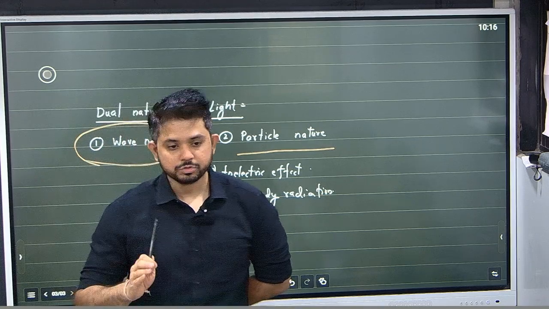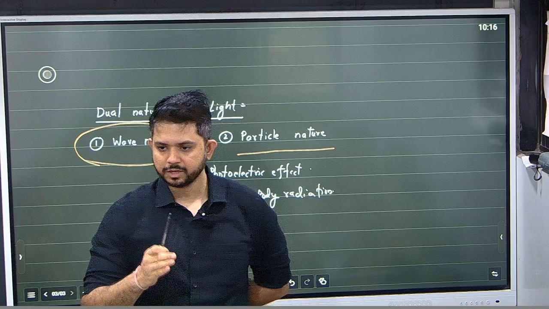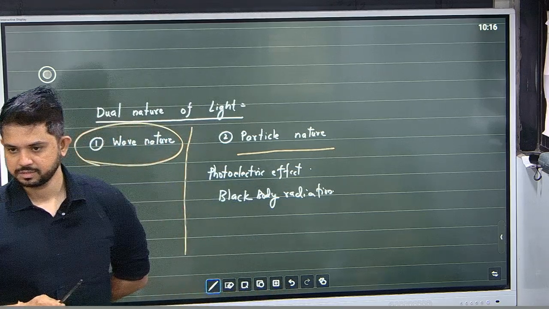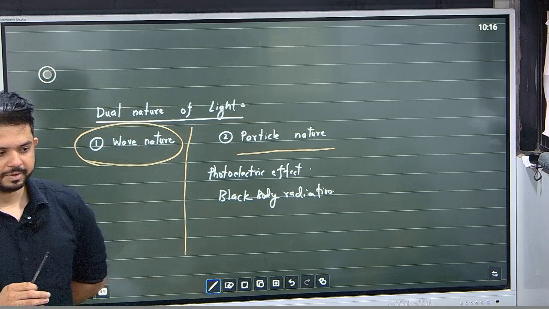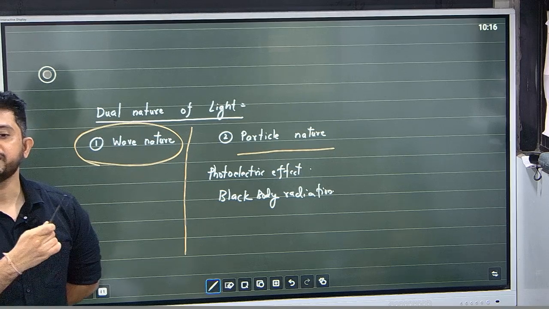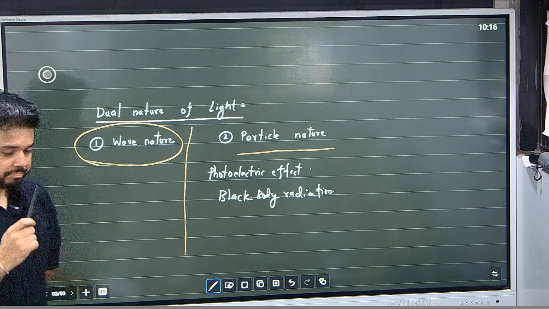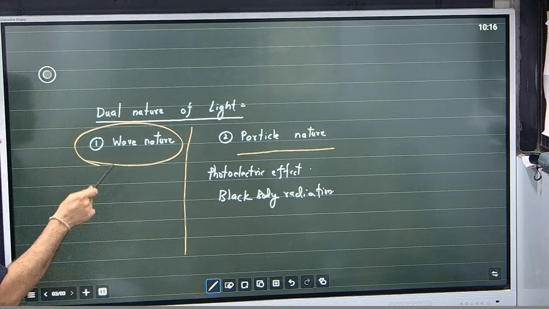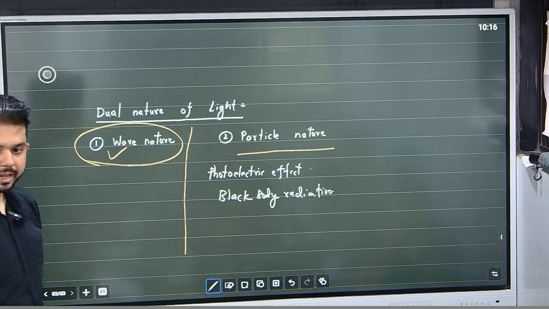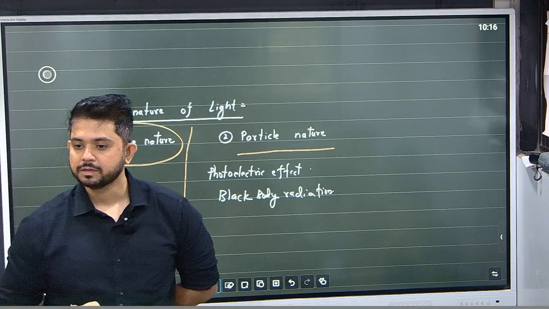We use something called the particle nature of light to study this. Are you people getting that? Particle nature of light will explain how light also behaves like a particle. So depending upon the condition, light sometimes behaves like a wave or sometimes it starts behaving like a particle.